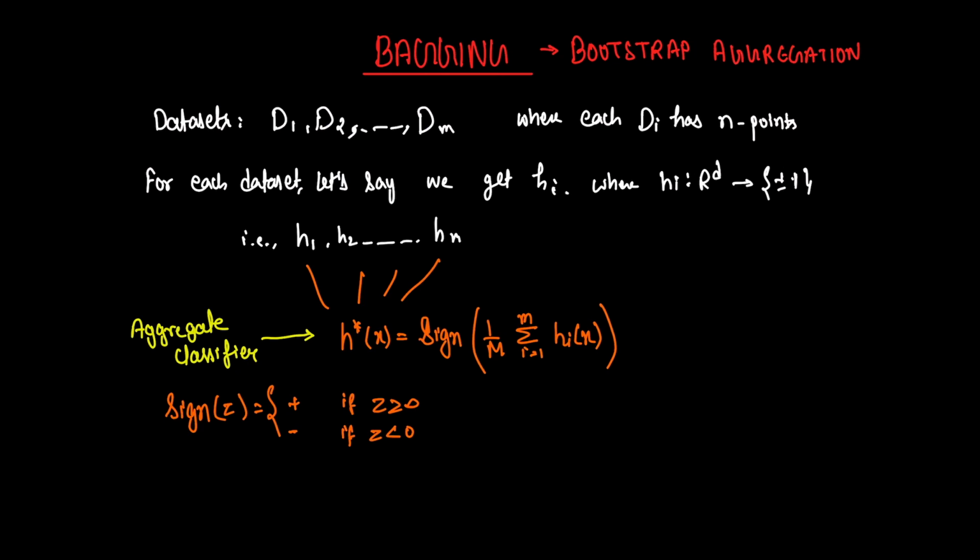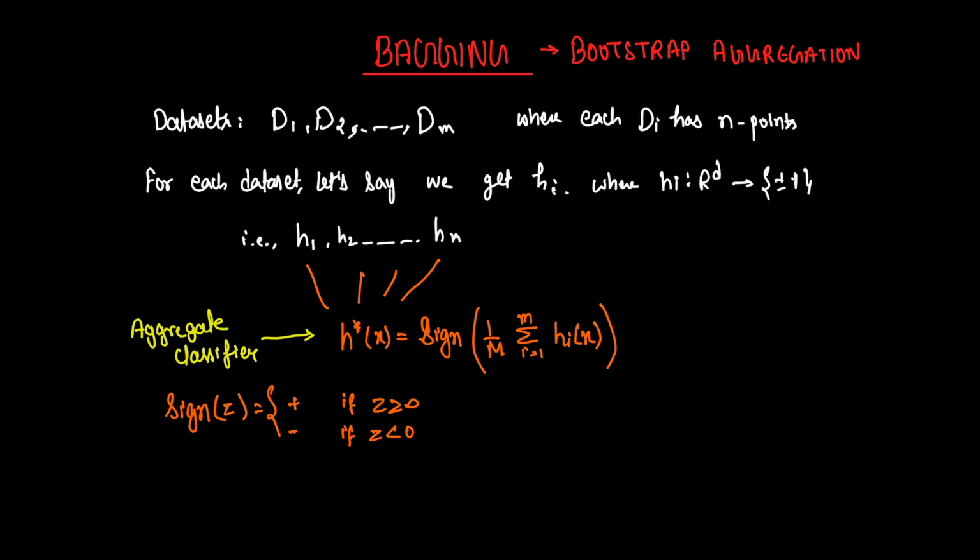So we will have an algorithm known as bagging, which is also known as bootstrap aggregation. So what does bagging do? Let's say we have data sets D1, D2, up to DM. These are all different data sets, where each Di has n points.